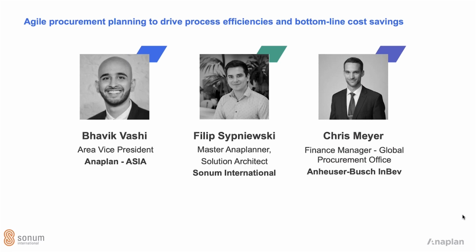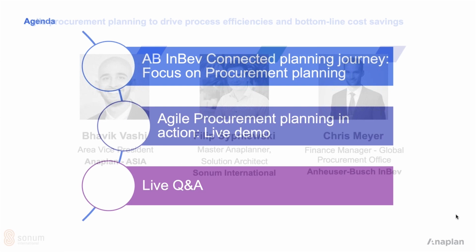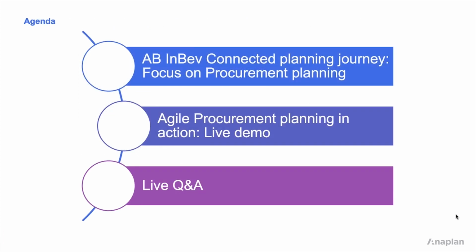Before we jump into our discussion, let me level set the agenda we have planned for the next 55 minutes. There are three pieces. First, we'll talk to Chris and Philip about the AB InBev connected planning journey, with a keen focus on procurement planning, given Chris's role and the engagement that AB InBev has driven in conjunction with Sonam and Anaplan. That will be roughly the first 30 minutes.